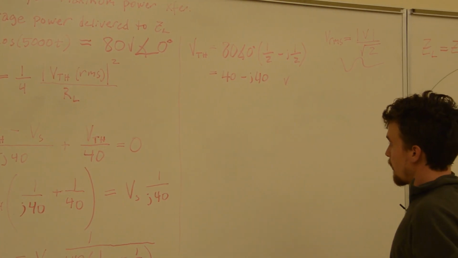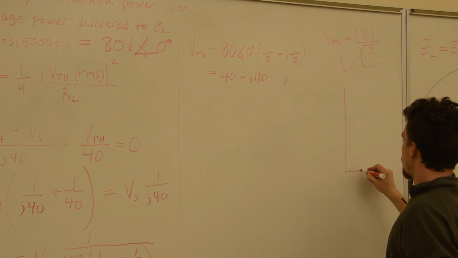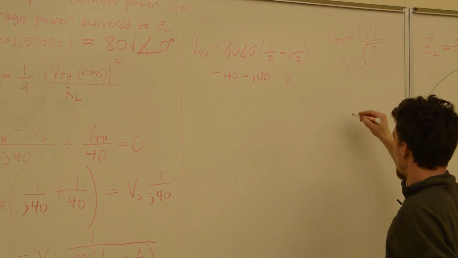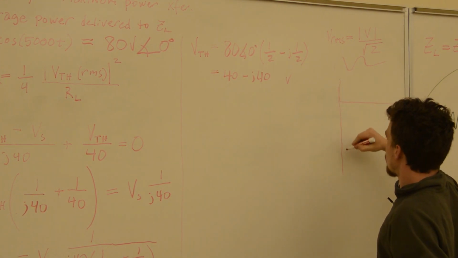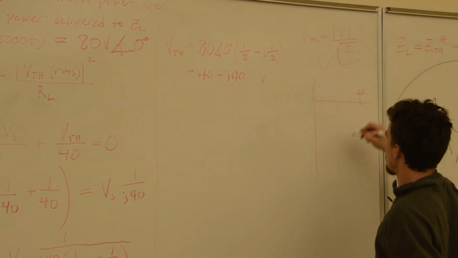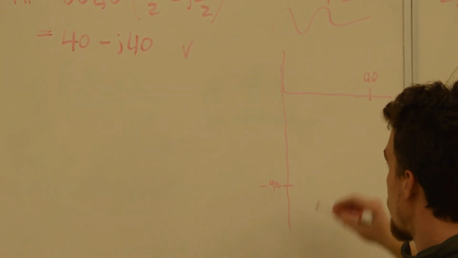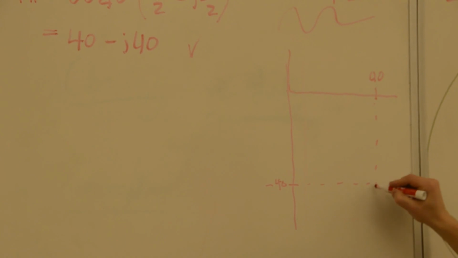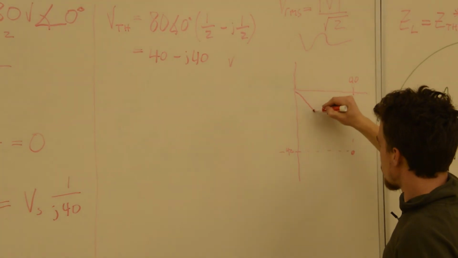Now I know that for a complex number in the complex plane, 40 minus J40 is going to look like this. This is our imaginary axis, real axis. We'll have 40 on the real axis, and we'll have minus 40 on the J axis. When you bring those two down, that's your point right there. So we want to find the magnitude of this line right here.